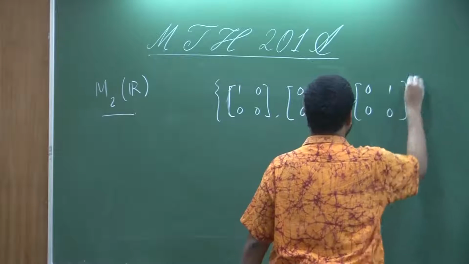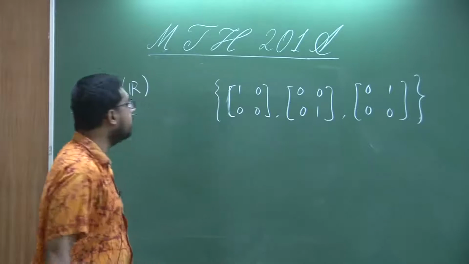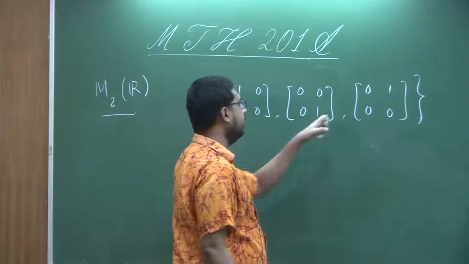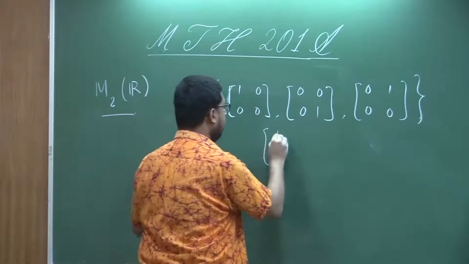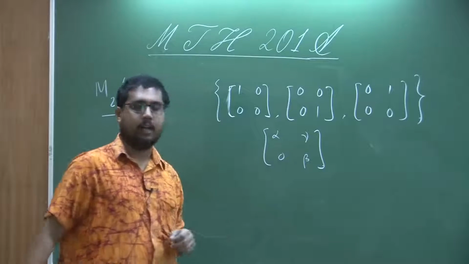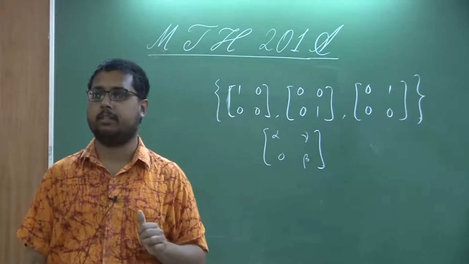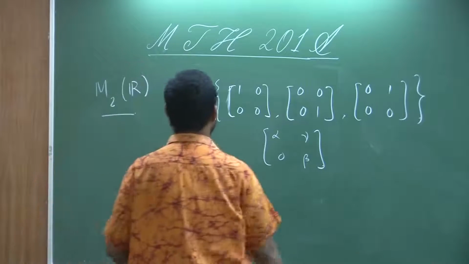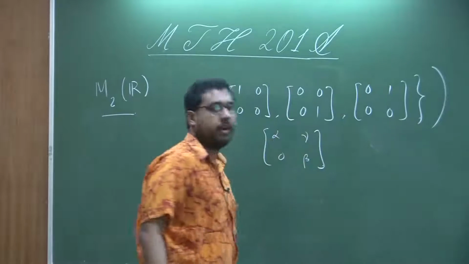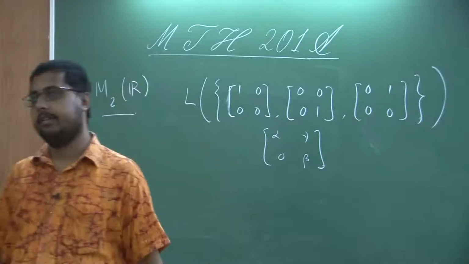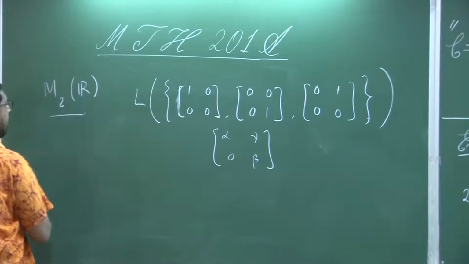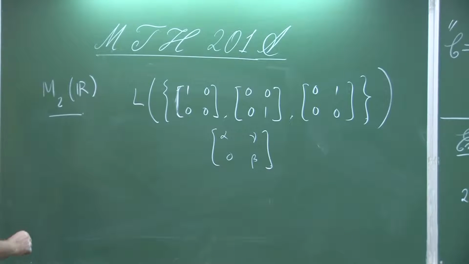What is going to be its linear span? It is easy to see that alpha times this plus beta times this plus gamma times this gives the matrix (alpha, beta; 0, gamma). For any alpha, beta, gamma you can take such a combination. So the linear span of this is nothing but the set of all 2 by 2 upper triangular matrices.